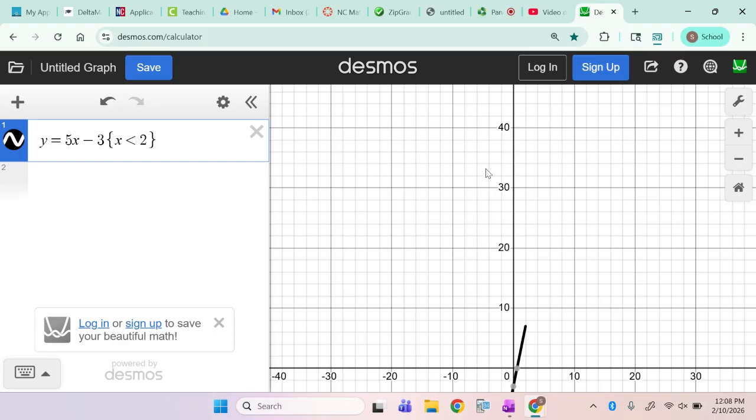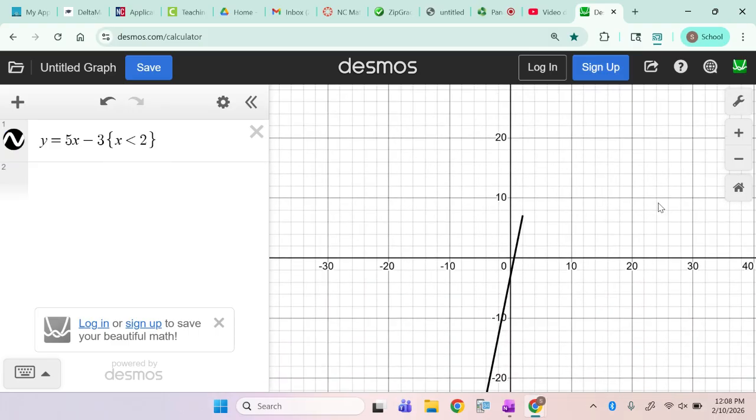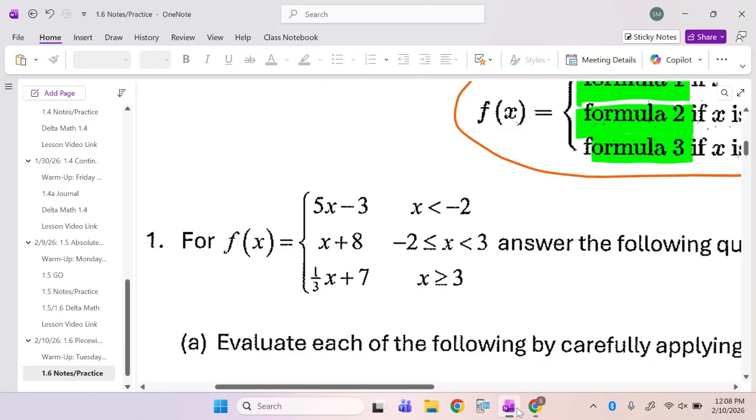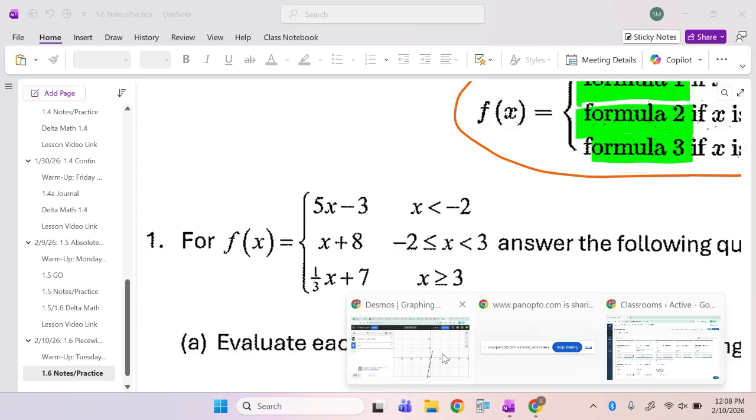Now, what happened to the graph when I did that? It didn't move down. It just cut off. It actually cuts off at x equals 2. Now I'm going to continue adding on. So y equals x plus 8.